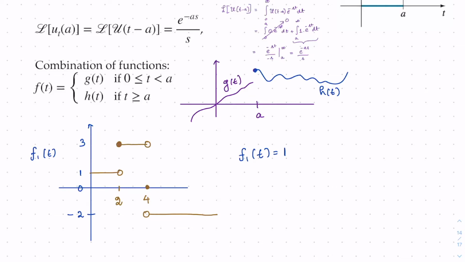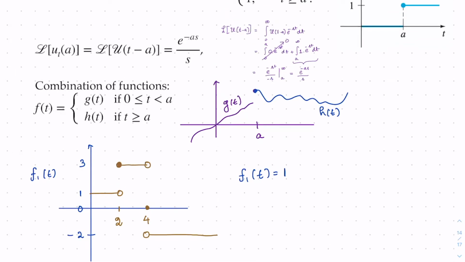So then what I am going to do is add 2 times the step function, u of t minus 2, because until 2, this u of t minus 2 is 0. Then it becomes 2, so there's already 1, and I'm adding 2 over there. Now, at 4 I wanted to bring this down.